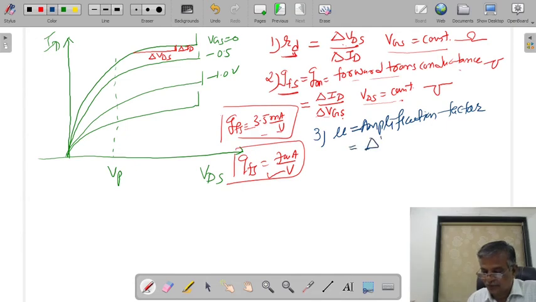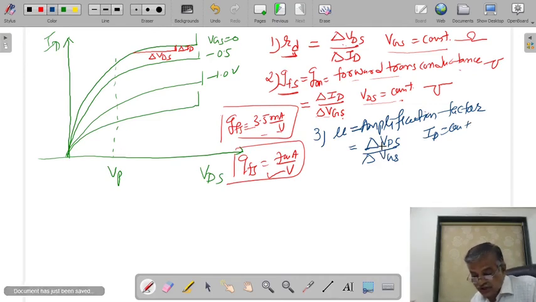It is the ratio of the change in drain to source voltage to the corresponding change in gate to source voltage for a constant drain current. It is called the amplification factor.